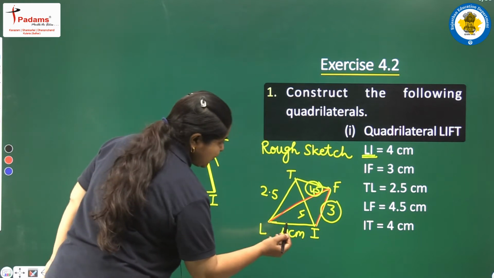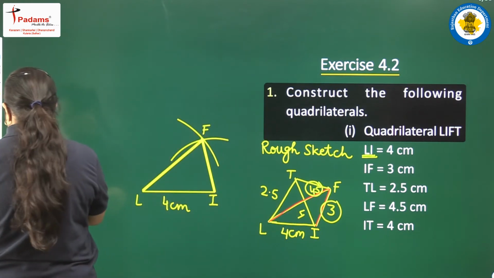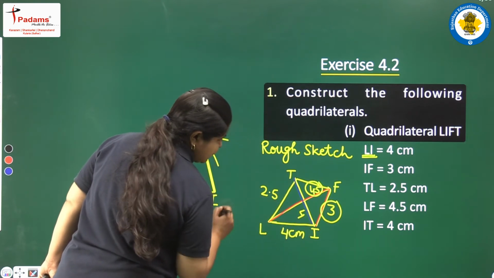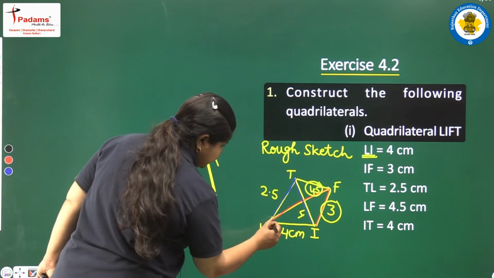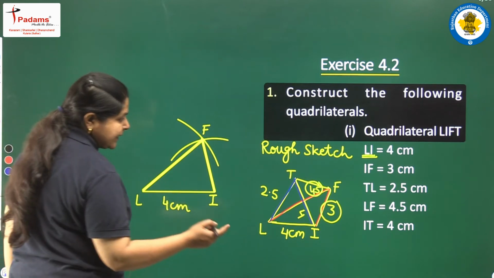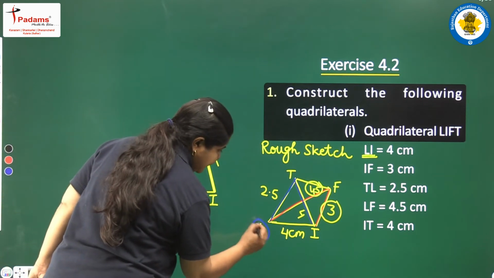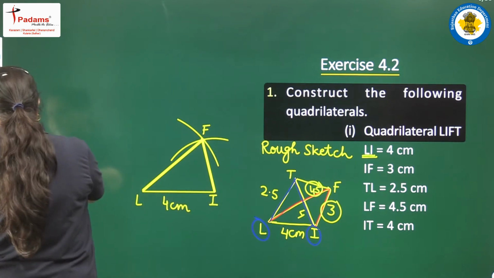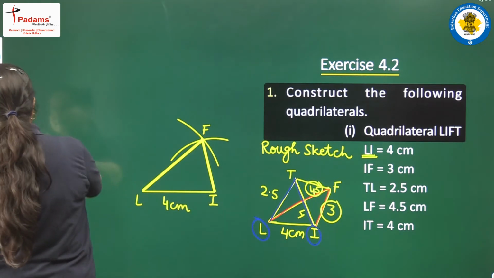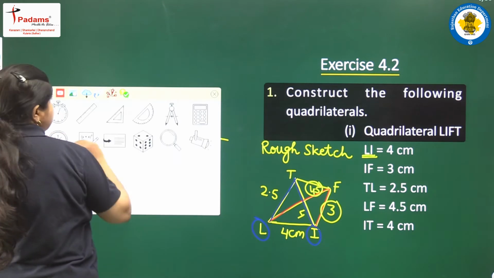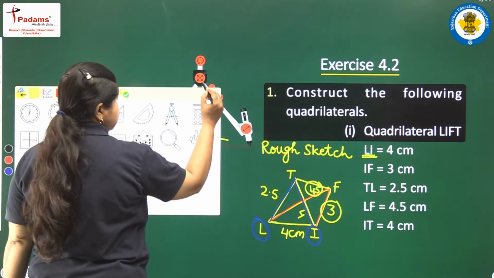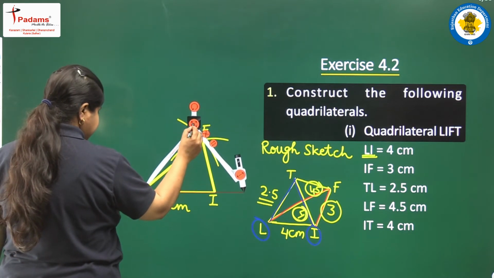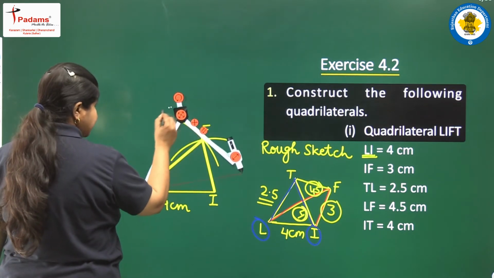What next we need to do is, now we know these two line segments measurements. This blue one which is 4, and then we know this one as 2.5. So we will again take the centers at L and I, and with these radii we will draw 2 more arcs, taking again the help of a compass. For this we will keep the pointed end at L. And what should be the radius?